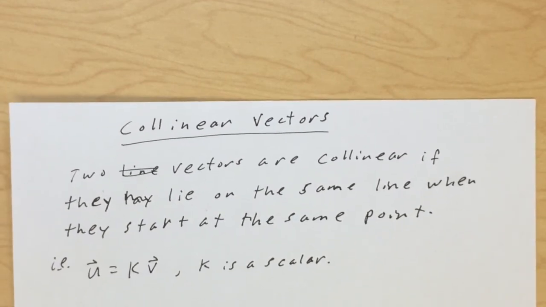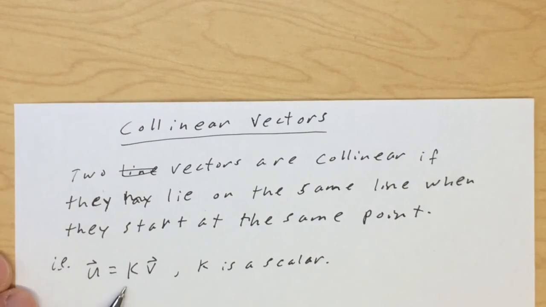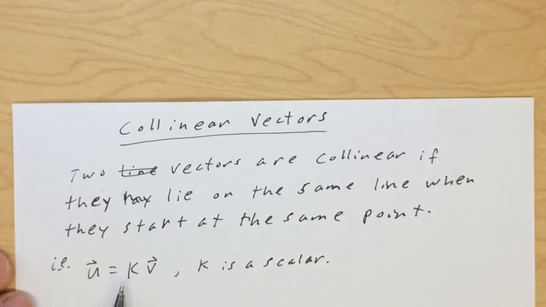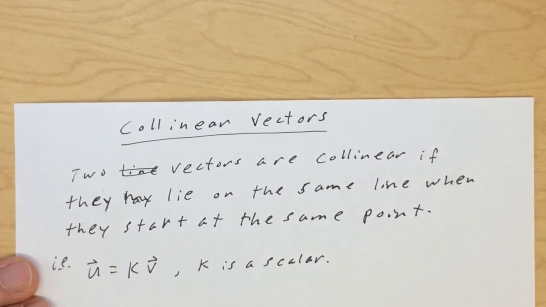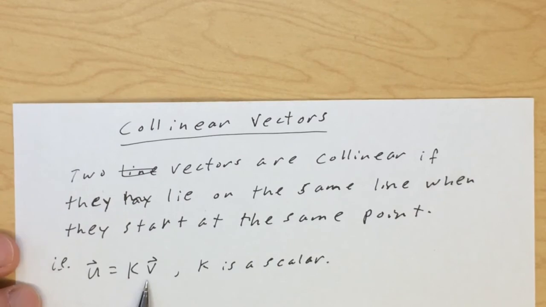Two vectors are collinear if they lie on the same line when they start at the same point. So that is u equals kv, where k is a scalar, a real number times the vector. Okay? So if vector u is 3.7 times vector v, then they are collinear. If vector u is negative 2.9 times vector v, then they are collinear.